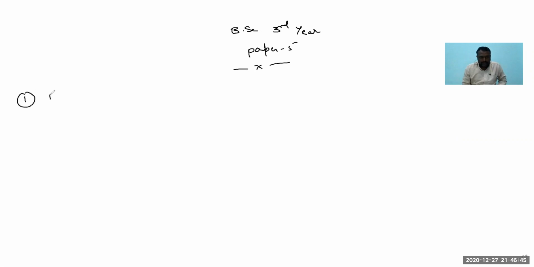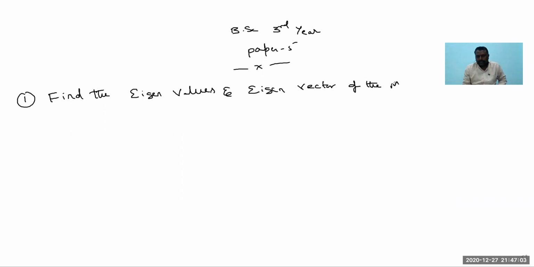Find the eigenvalues and eigenvector of the matrix equal to 4 minus 1 6, 2 1 6, 2 minus 1 8. So this is a 3 by 3 matrix now.